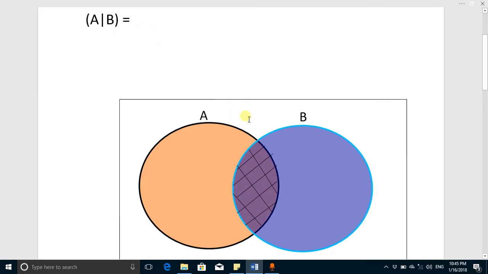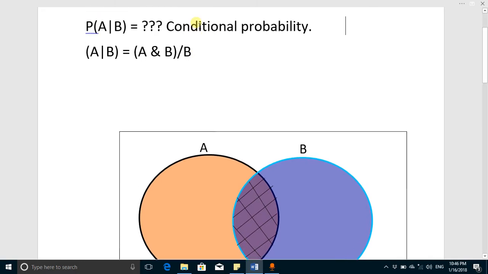So it means A given B is the area which is shared between both of them, and we represent this area by A and B, or A intersection B. This shows it is actually the ratio of this shared area with total B. So we write B here, and in terms of probability we can write it like this.